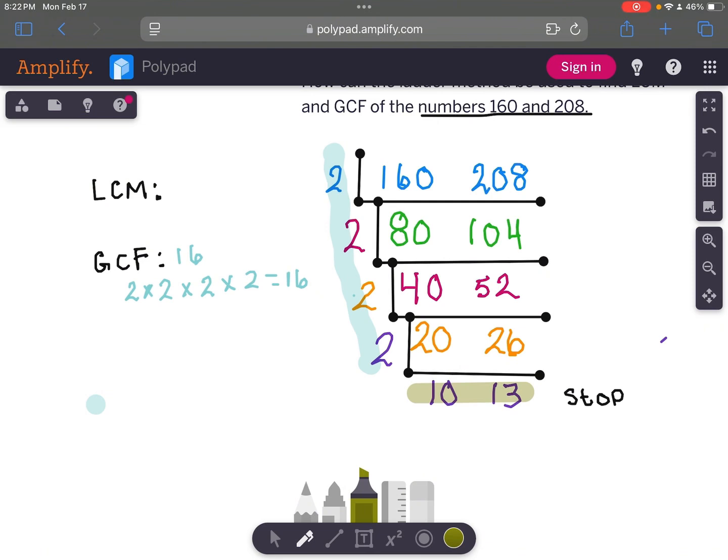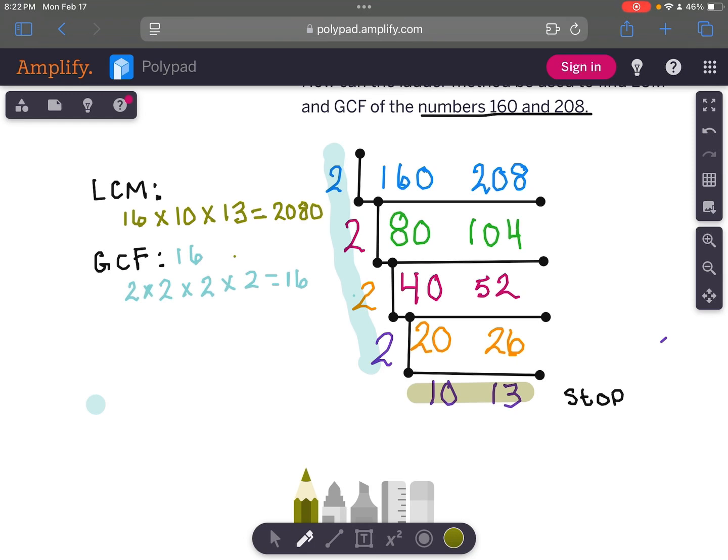So we are going to multiply these numbers by 16. So 16 times 10 times 13. What would be the answer? It would be 2080.